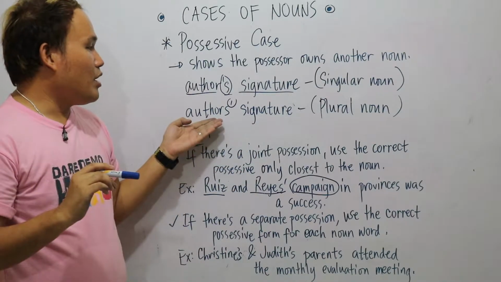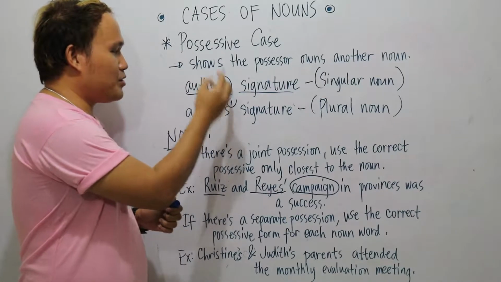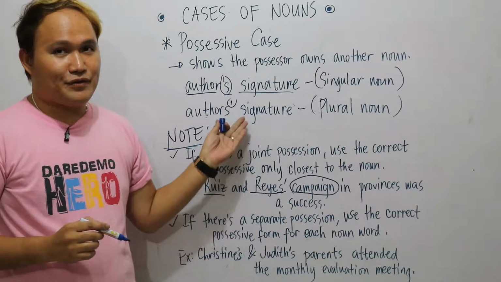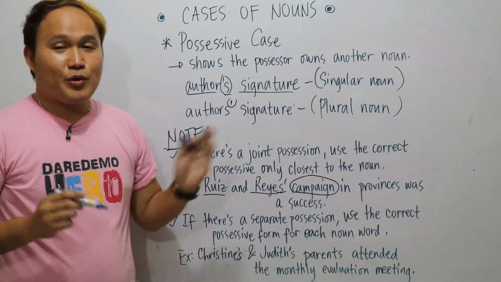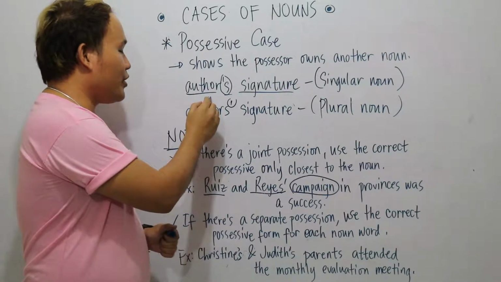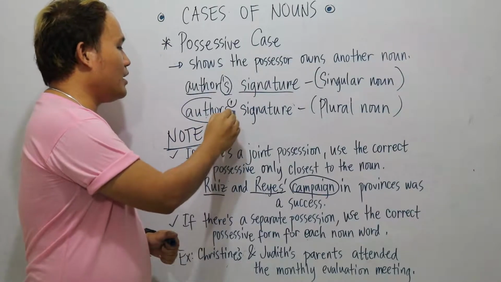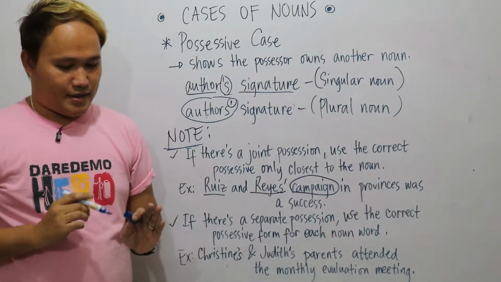In authors' signature, we put the apostrophe at the end after the letter S, because the possessor is plural, so only the apostrophe, no more S.